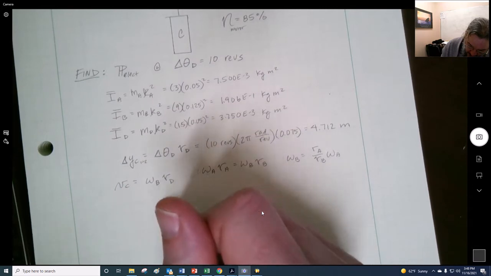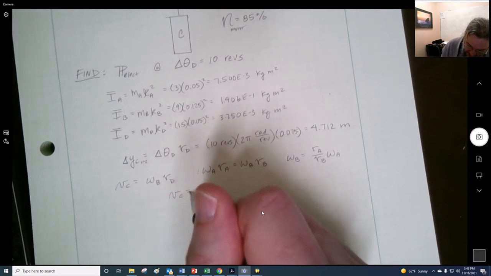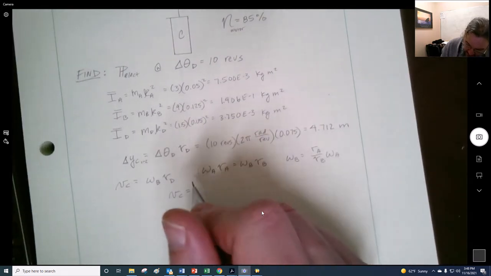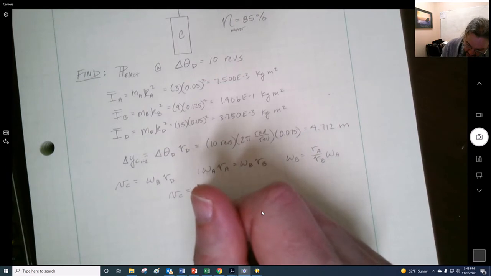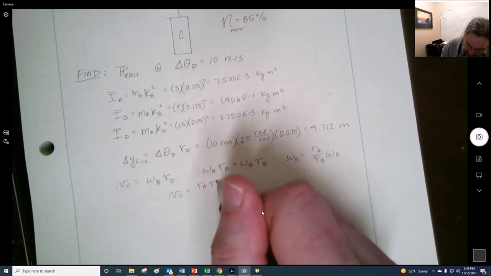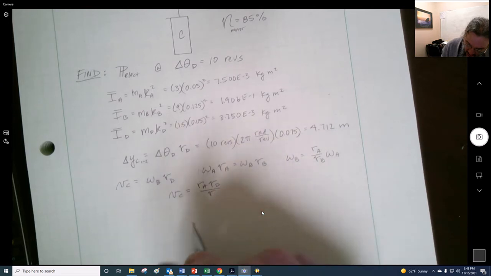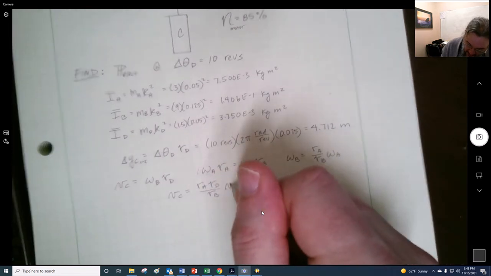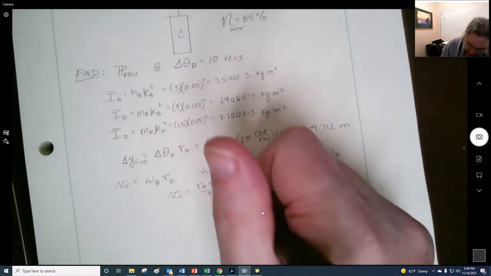So velocity of C is going to be RA RD over RB, times omega A, sorry.